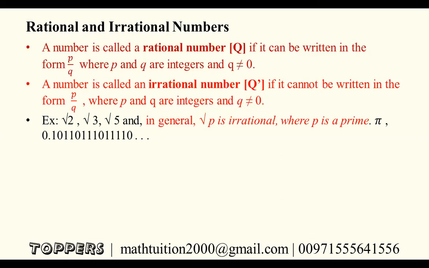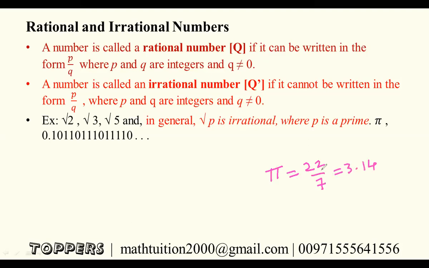So for any prime number, its root is an irrational number. Similarly, pi is an irrational number. Normally we will take the value of pi as 22 by 7, right? Or we will take the decimal value as 3.14.